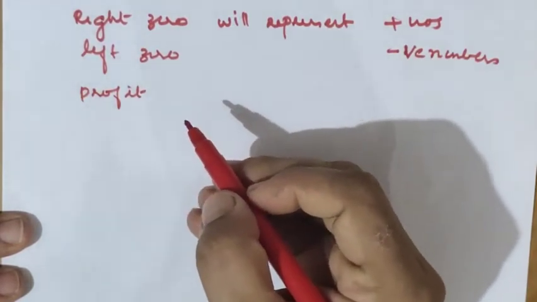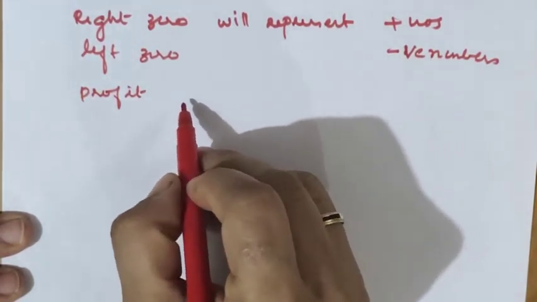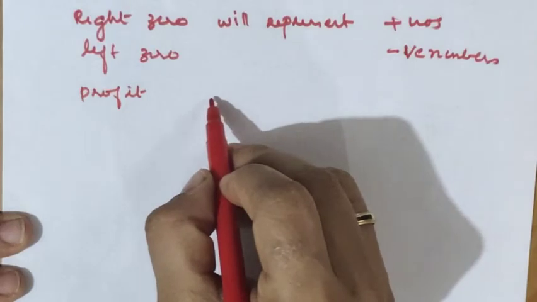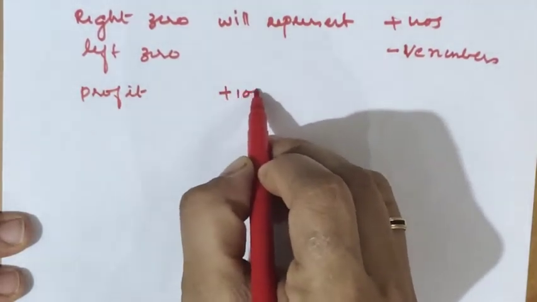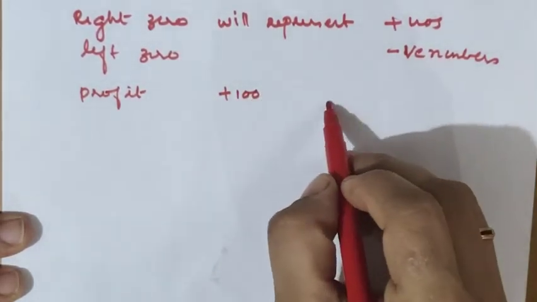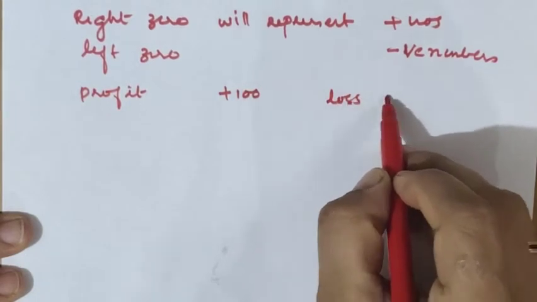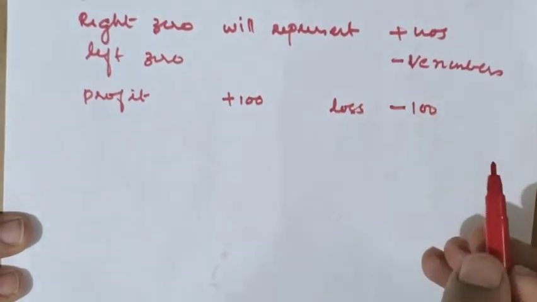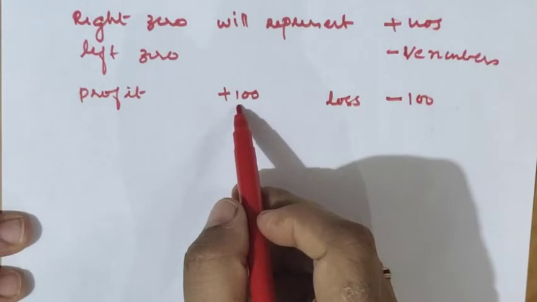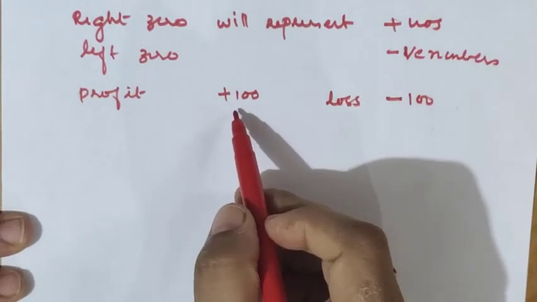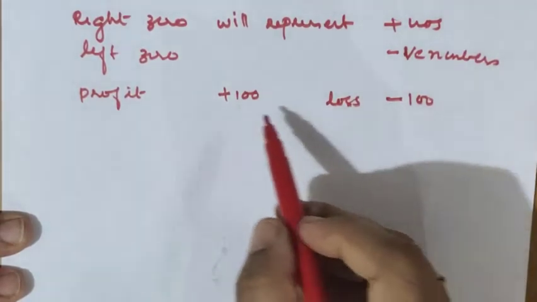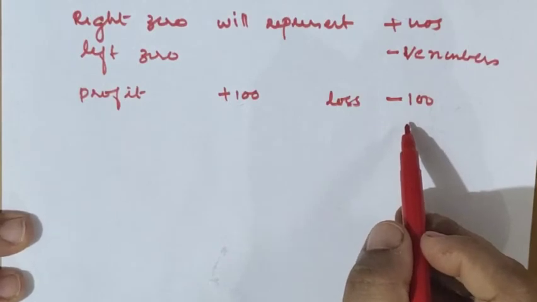If the profit we made is rupees 100, we represent it with the sign plus 100. If we go for a loss, it will be represented by minus 100.